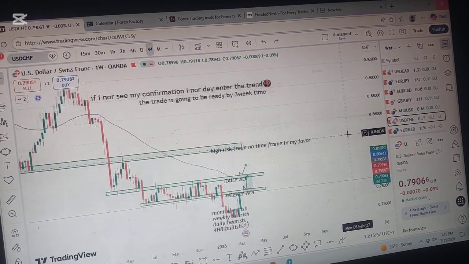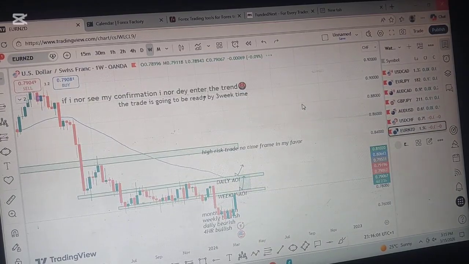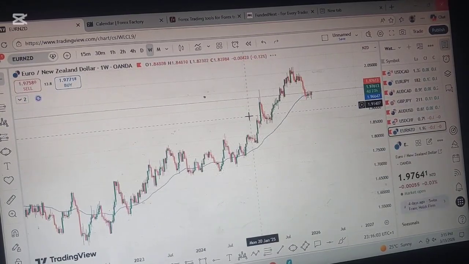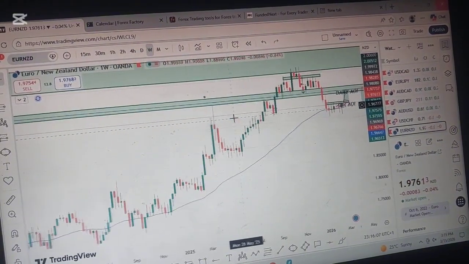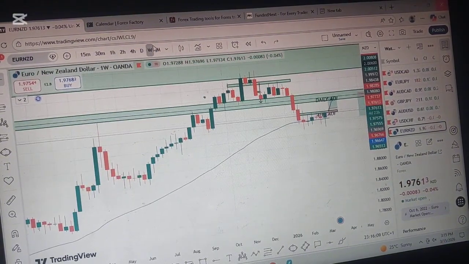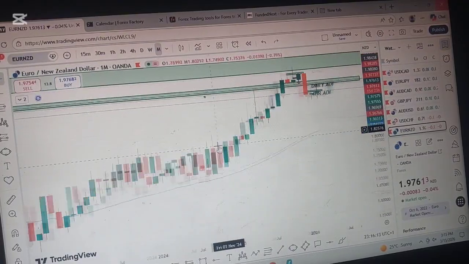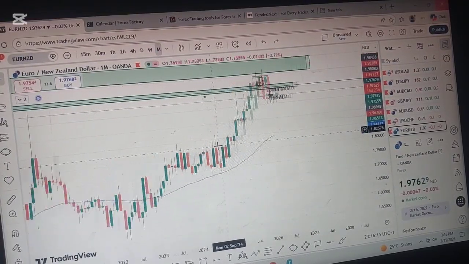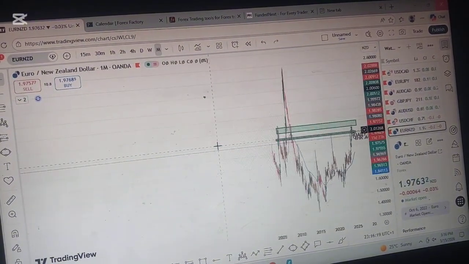Last and not the least, USD. We can clearly see on the monthly time frame we are bullish.